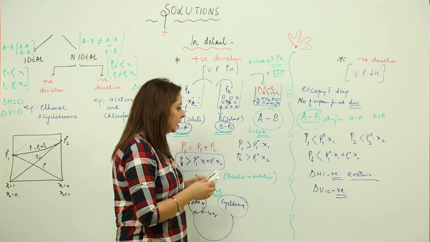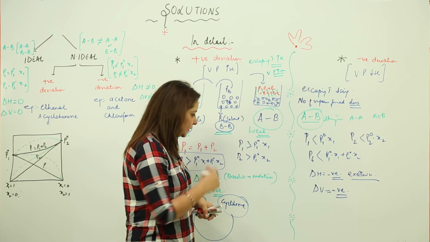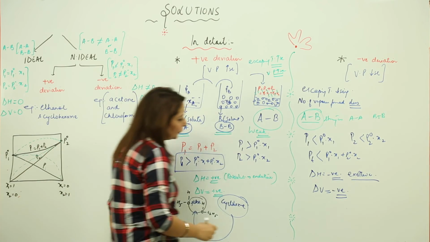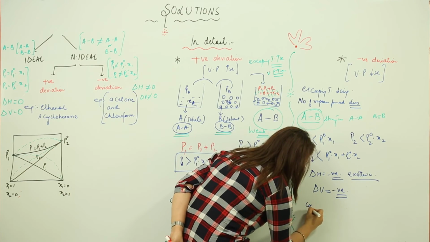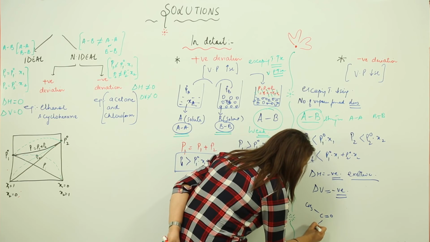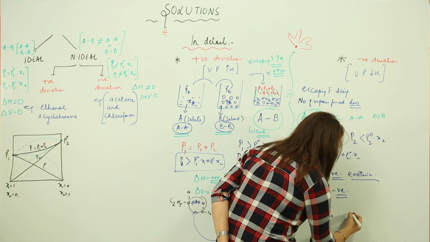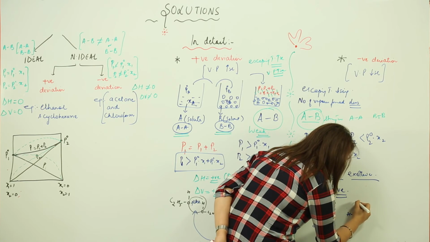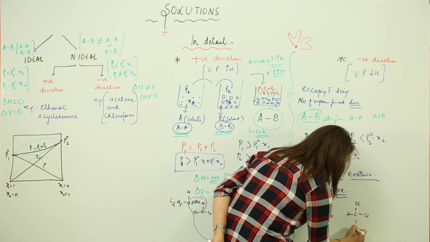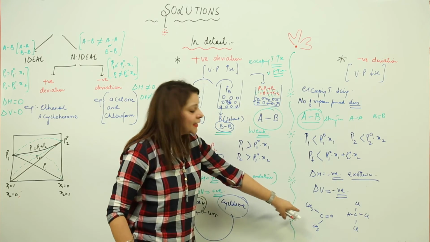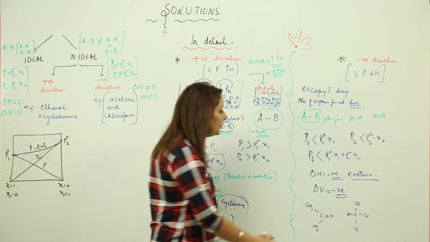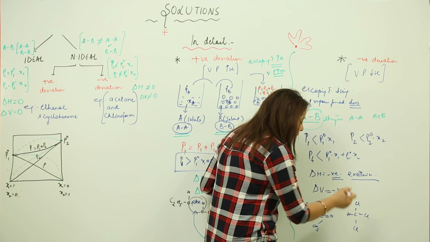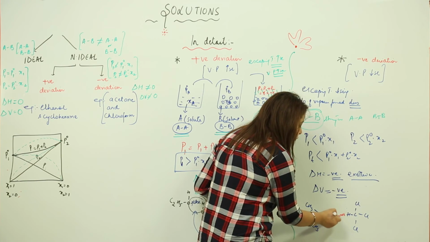And as an example, let me illustrate, as I told you, acetone and chloroform. You know that acetone is this and chloroform is this. So when you mix acetone with chloroform, their interaction becomes stronger because it leads to the formation of a hydrogen bond.